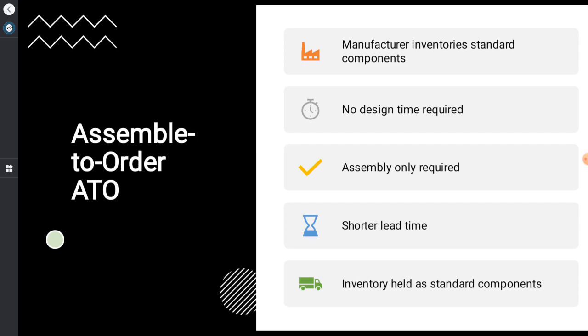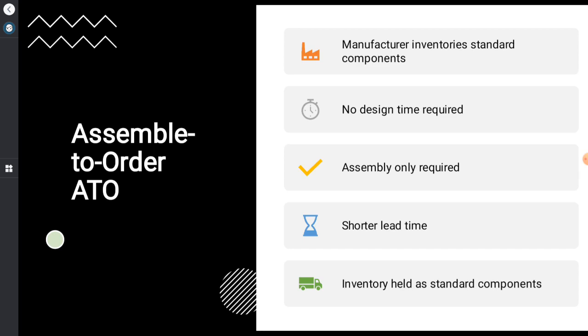Also, we have inventory in the form of standard components or work in process components. So we only need time to assemble and ship our products to the customers, and this would definitely be a shorter lead time compared to the previous two structures, the engineer to order and make to order.